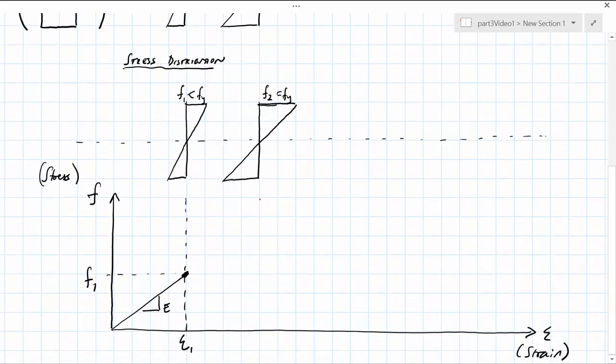If we plot this on the stress-strain curve, we get the following. Epsilon 2, which we set equal to the yield strain, and the yield stress, which is also equal to F1. And this is just a continuation of the line that we drew previously.